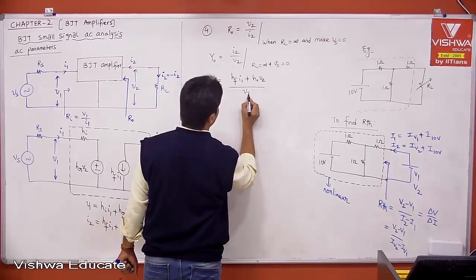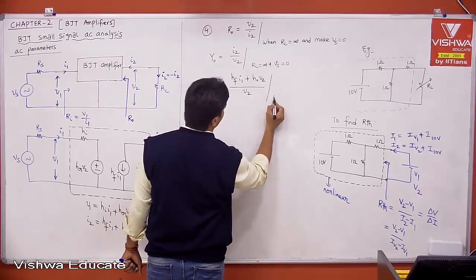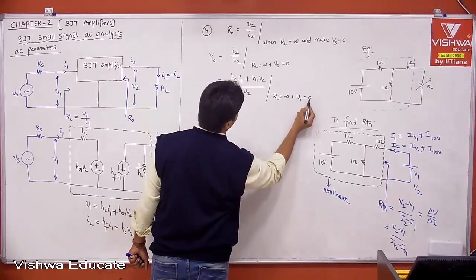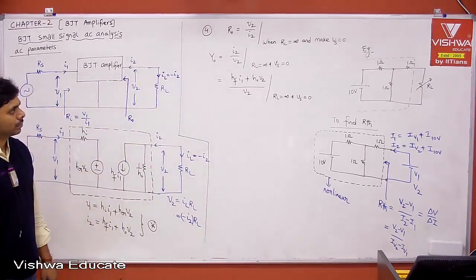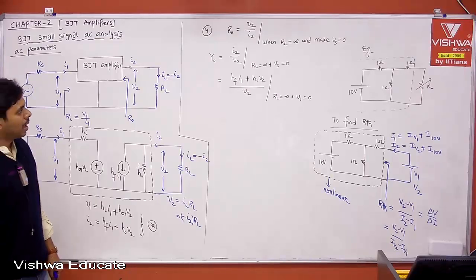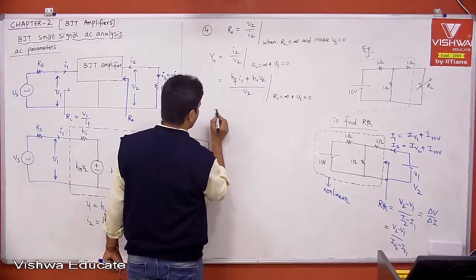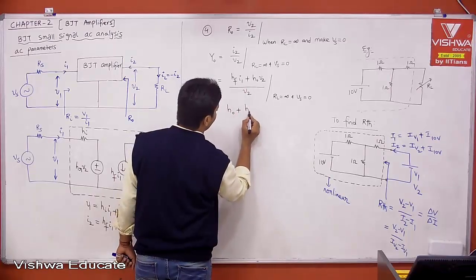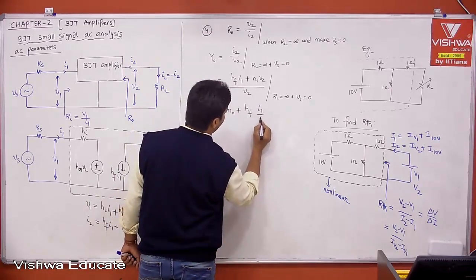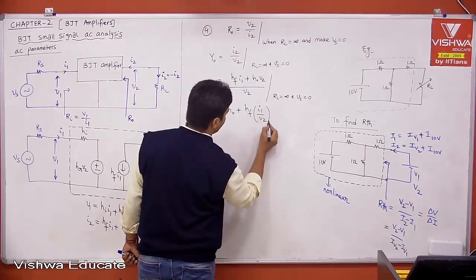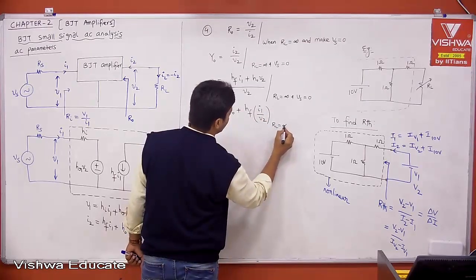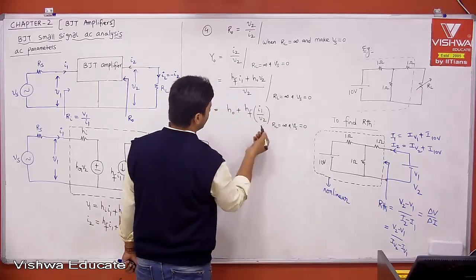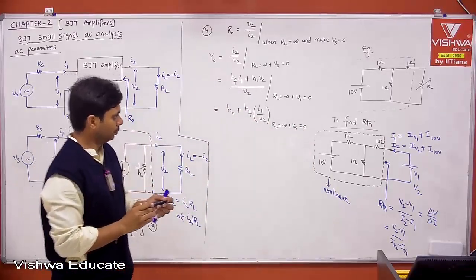Dividing by V2, with RL infinity and Vs equal to 0, we get I2 by V2 equal to HO plus HF into I1 divided by V2. For this, you need to make RL infinity and Vs 0. If you use these conditions to get I1 by V2, I think the problem is over.